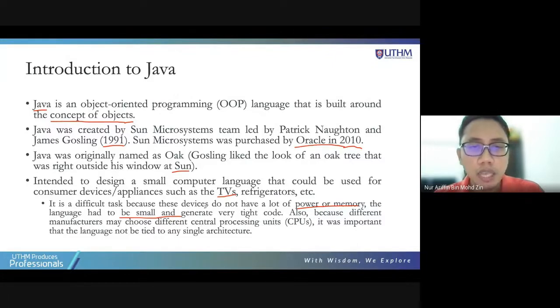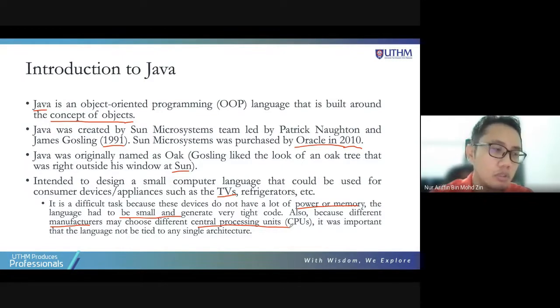And then every TV manufacturer might choose a different CPU. Whenever we have different CPUs, we might have different architectures. When we have different architectures, we cannot simply use the same language across all the appliances, all the TVs.